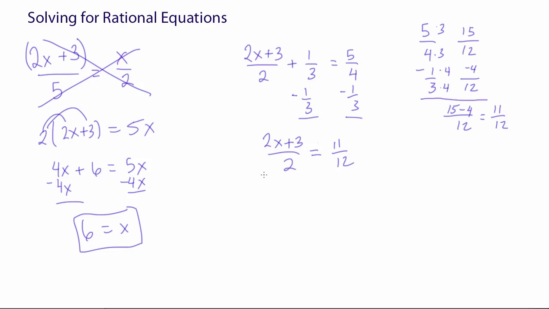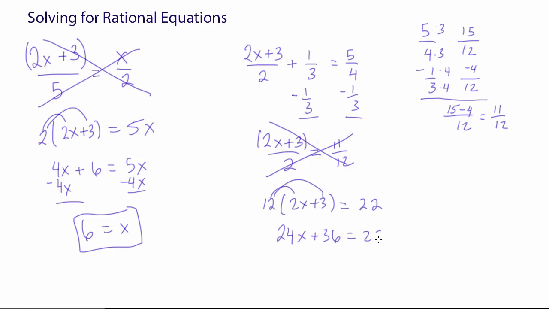All right. And what do we do here? Well, this is a binomial, so we can cross multiply. 12 times 2x plus 3 equals 2 times 11 is 22. So multiply this out so we can isolate the x. 12 times 2x gives me 24x. 12 times 3 gives me what? 12, 24, 36, right?